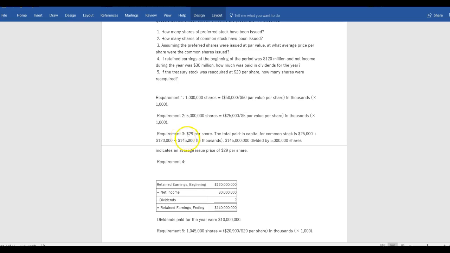If we divide that by the 5,000 shares outstanding that we calculated, we can come up with a $29 per share price.